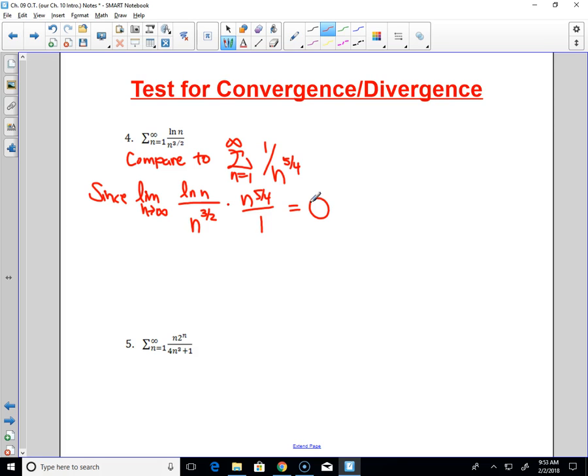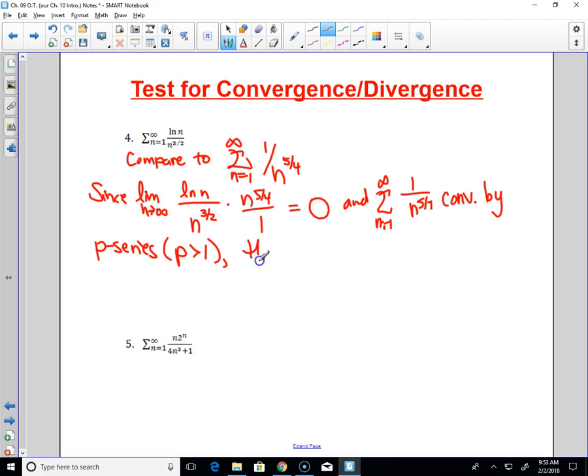Now I need to say, since the limit equals 0 and the series from n equals 1 to infinity of 1 over n to the 5/4 converges by p-series, p is greater than 1, then my original series converges as well by the limit comparison.